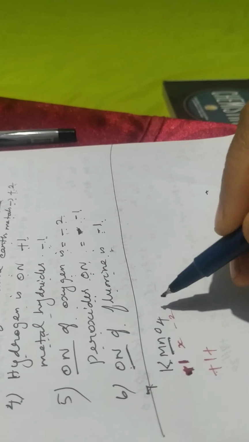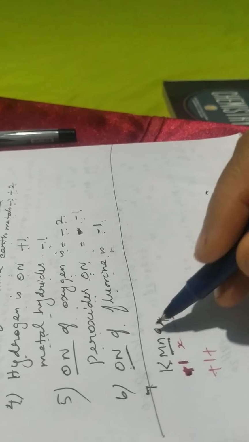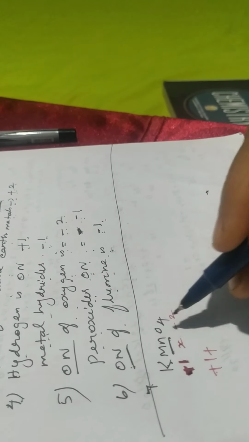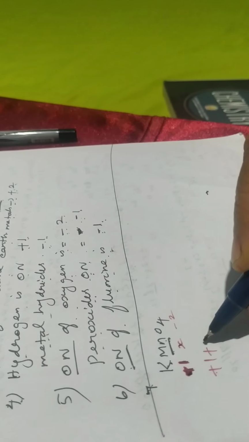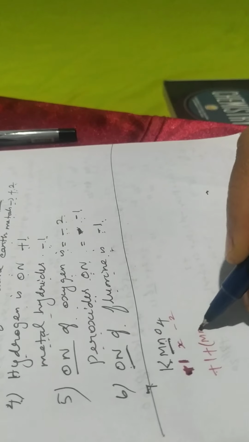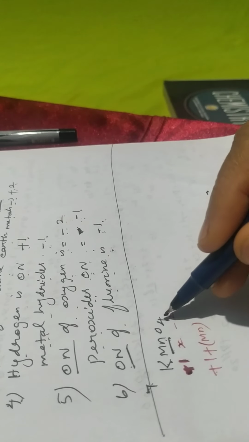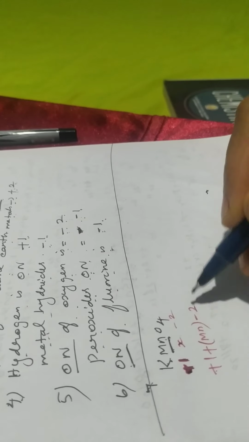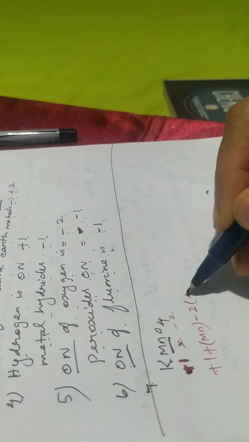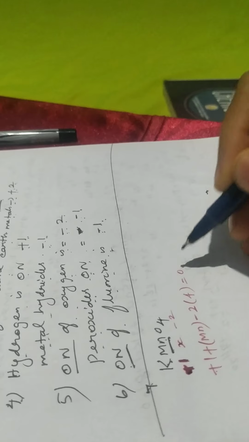That is, it should be neutral. So we are adding all the oxidation numbers of all these elements. So plus the X. This X is manganese. And for oxygen it is -2, and there are 4 oxygen, which will be equal to 0.